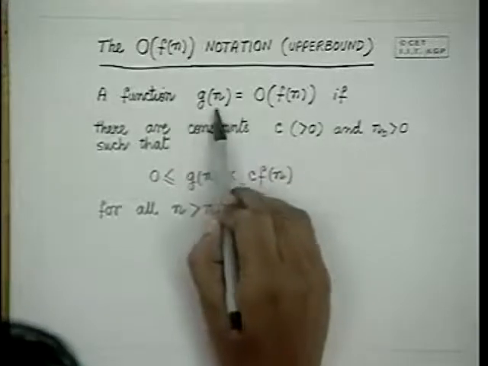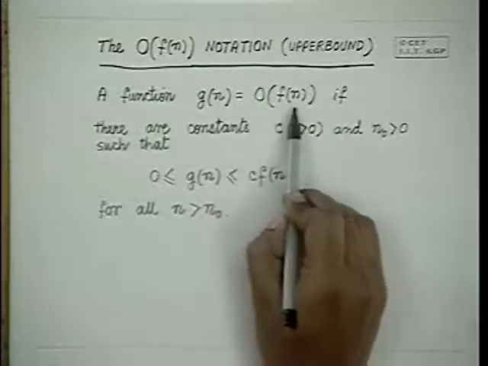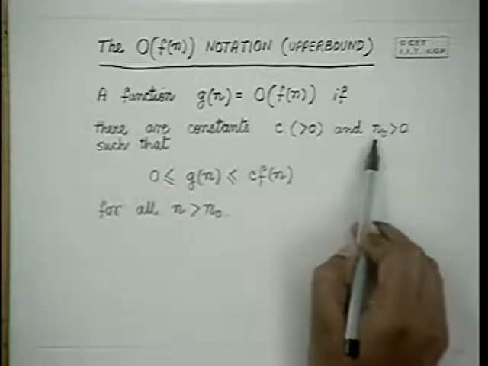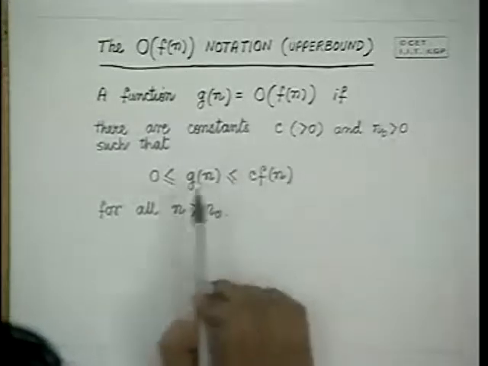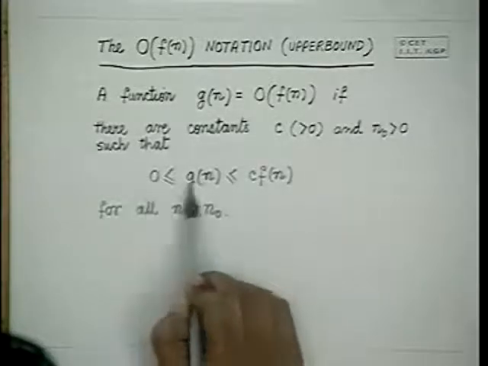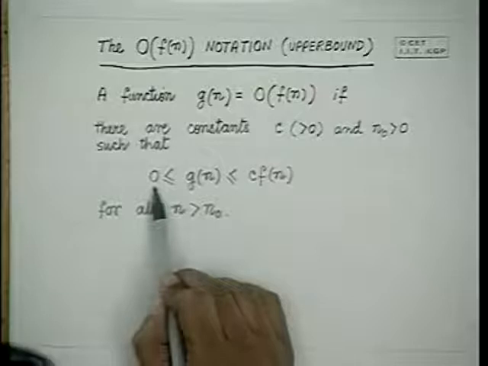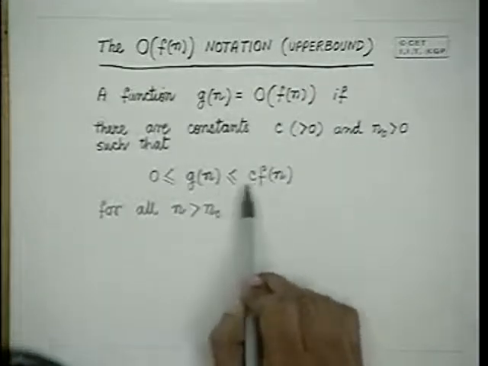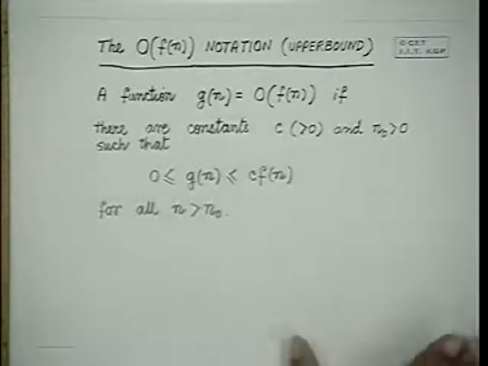A function G(n) is upper bounded by a function F(n) if there are constants C and N0, both positive, such that for all n greater than N0, G(n) is greater than or equal to 0, obviously a positive function, and it is also less than or equal to C into F(n). Let us consider one or two examples.